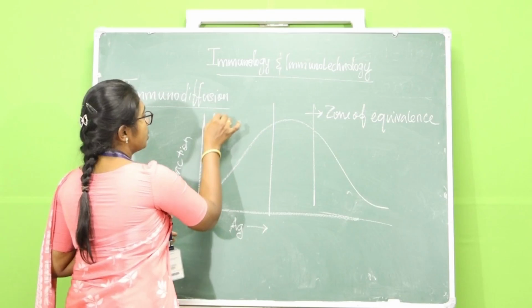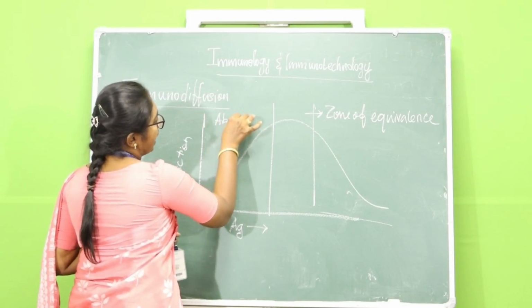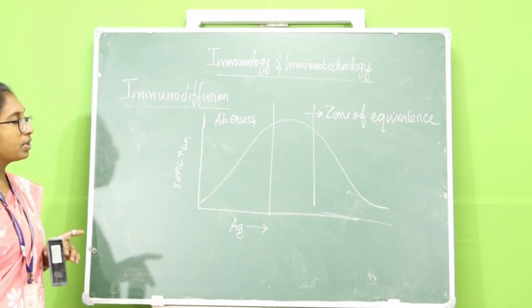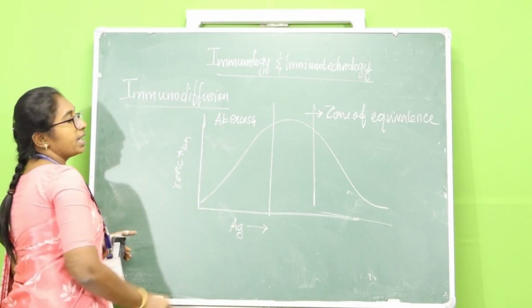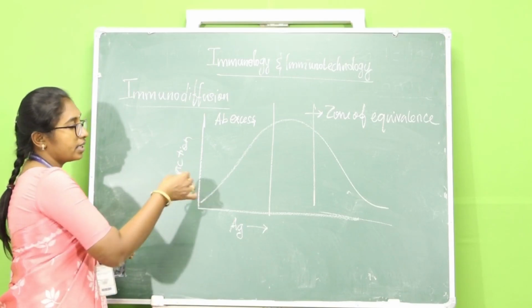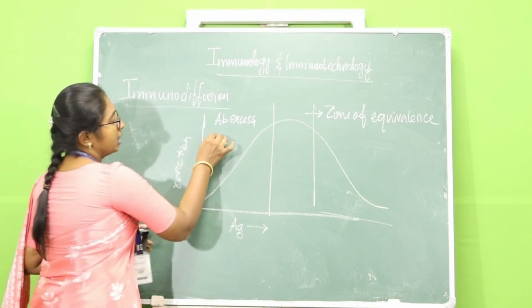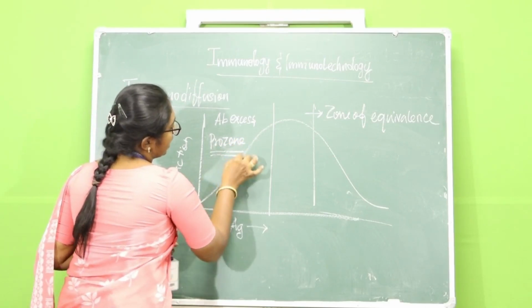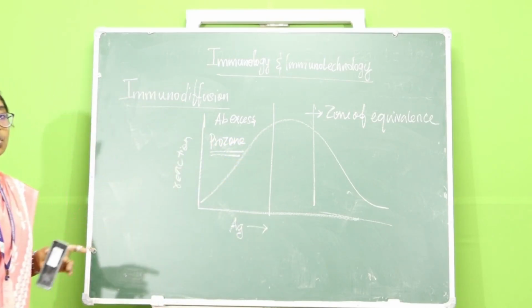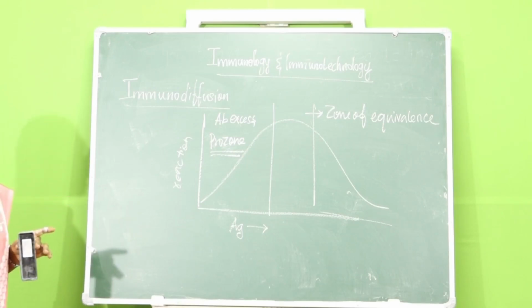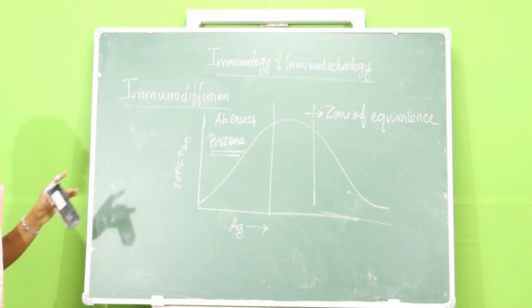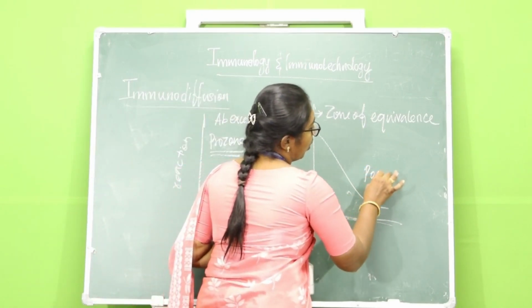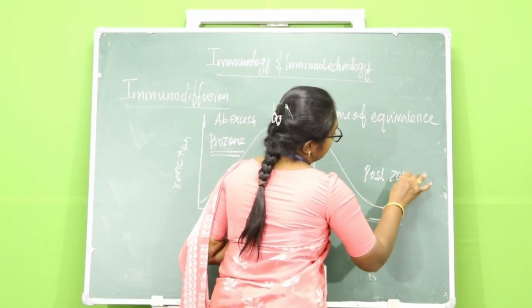Where the antibody is in excess compared to the antigen, and the concentration is not optimal, that zone we call the prozone. Prozone is the zone where there is excess antibody compared with the antigen to react and form a lattice, a complex. Then there is the postzone.